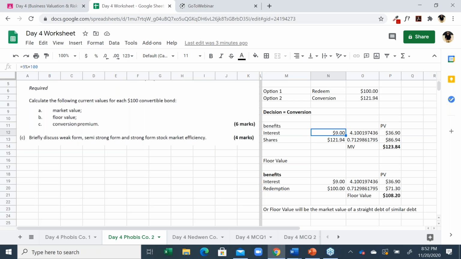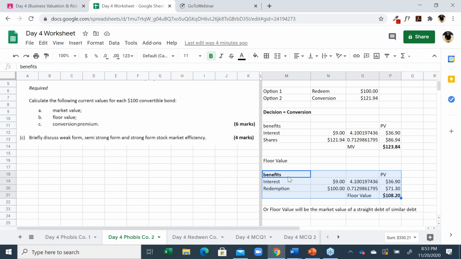Similarly, a convertible debenture's minimum value will be equal to the market value of a debenture that does not have the conversion option. But in case we do not have a similar type of debt, then this is how we calculate the floor value of a convertible debenture.